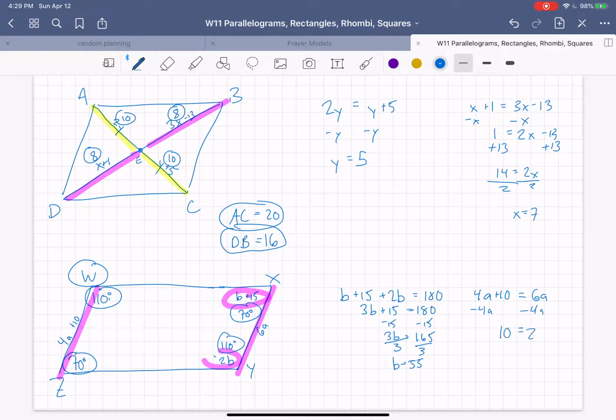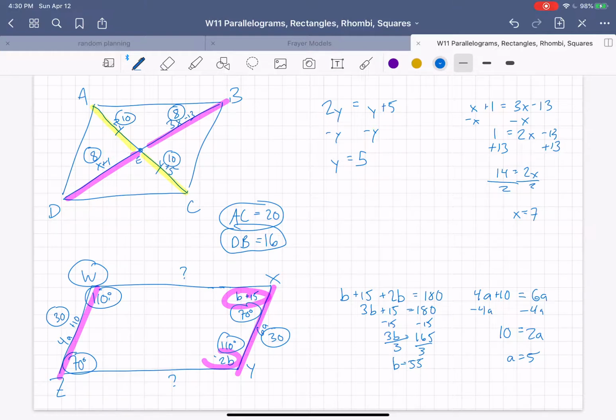So we get 10 equals 2A, so A equals 5. We plug that back in. We get 4 times 5 is 20, plus 10 is 30. And then 6 times 5 is 30. So we get it. The only thing we can't figure out are these sides. There's no way to do it, so it's just going to have to remain an unknown.